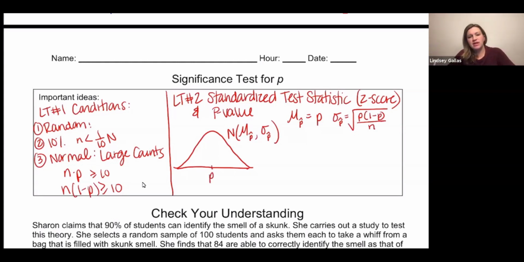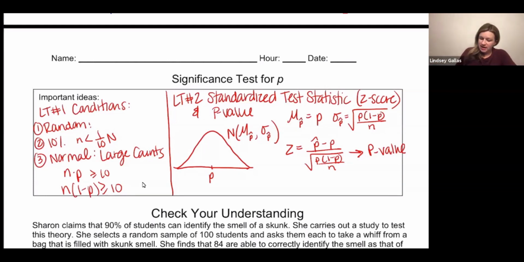P is always going to be the mean, so that'll be right in the center. And then we need a z-score, or a standardized test statistic, which is going to be p hat minus p over square root of p times 1 minus p over n. And then we turn that into a p-value. So whatever you use for that, whether it's table A or normal CDF, you're going to take that from there.